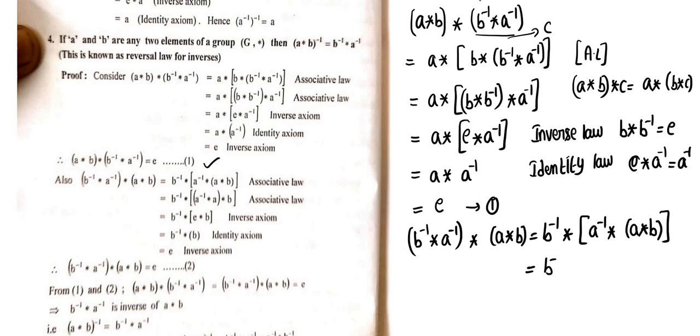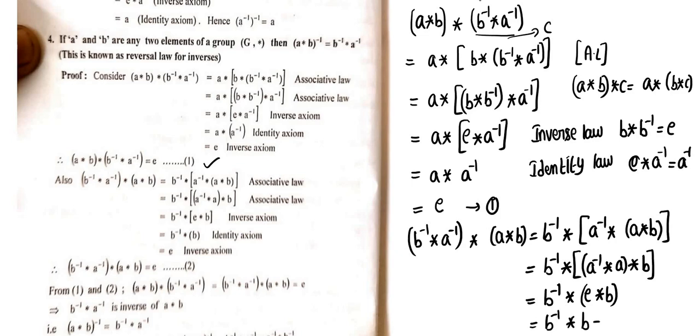Again, by using the associative law, this equals b^-1 * (a^-1 * a) * b, which is b^-1 * e * b. Again, e * b is b, and b^-1 * b equals e. Take this as the LHS and this is the RHS of equation number 2.